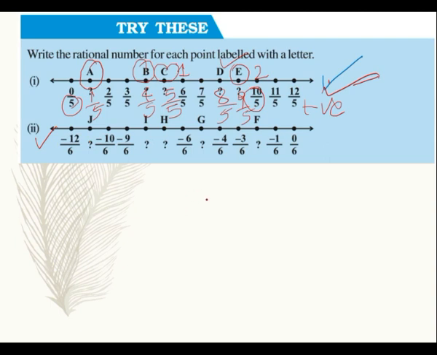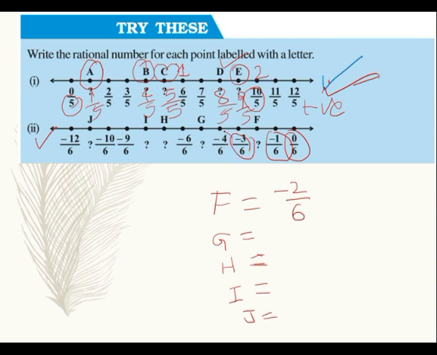So you have to identify F, G, H, I and J. What number does each represent? F, since it is in the negative direction: 0 by 6, minus 1 by 6, and next minus 2 by 6, minus 3 by 6, minus 4 by 6, and G represents minus 5 by 6.